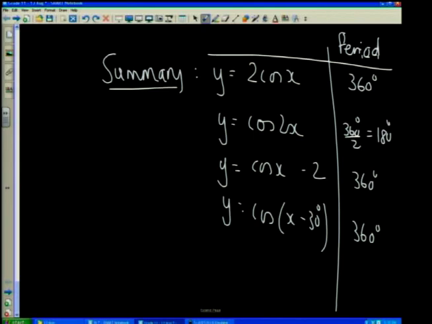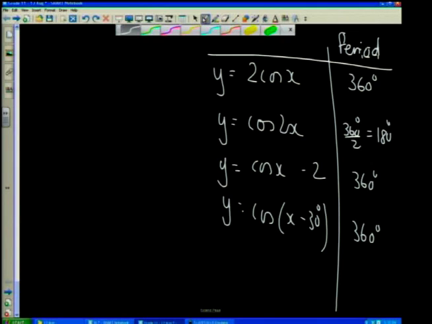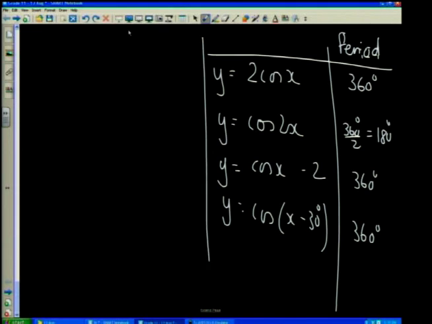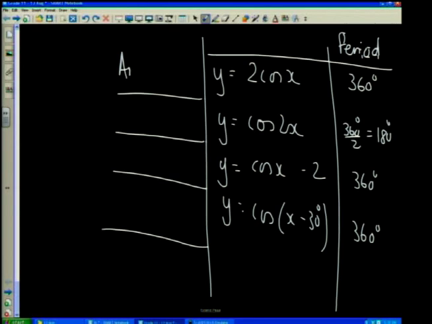Okay, let's just summarize the transformations. The coefficient of the ratio will affect the amplitude.